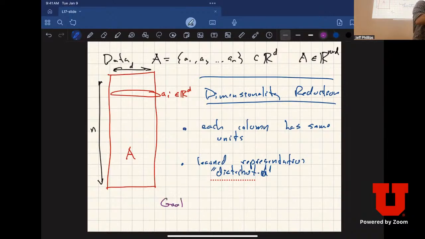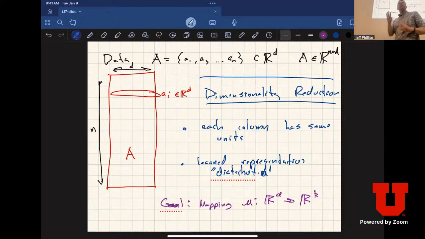So we want to think of these sorts of questions, and the goal is a mapping from R^d to R^k. I talk about this in two somewhat confusingly interchangeable ways.